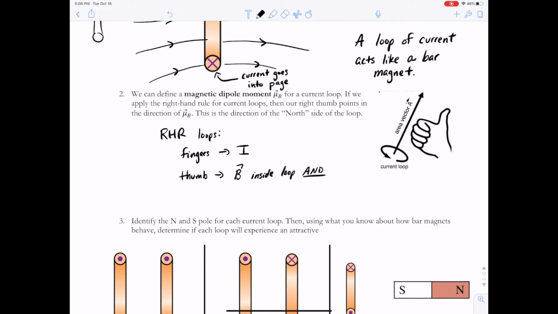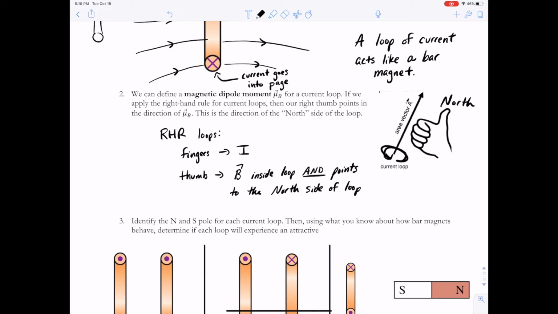So thumb is inside the loop and points to the north side of our loop. So if this is our hand over here on the right and we're curling our fingers in the direction of the current, our thumb then points north.